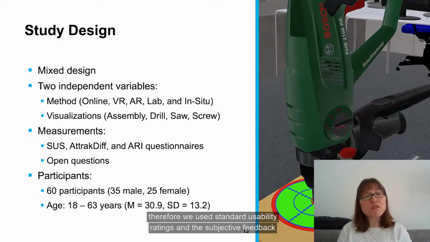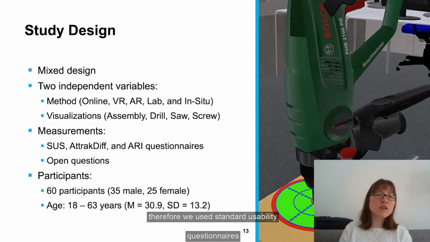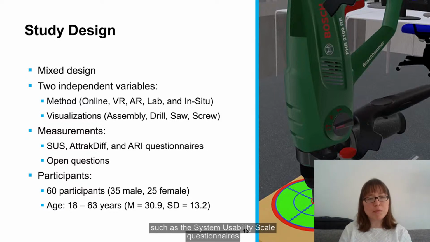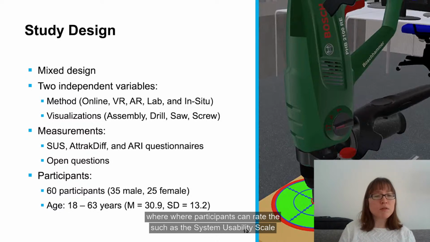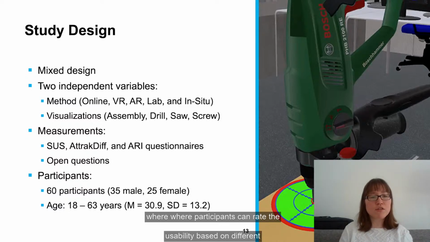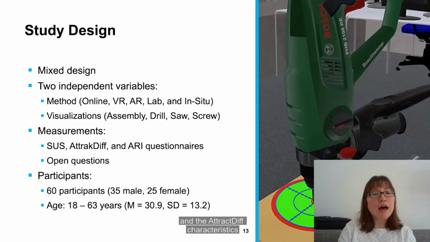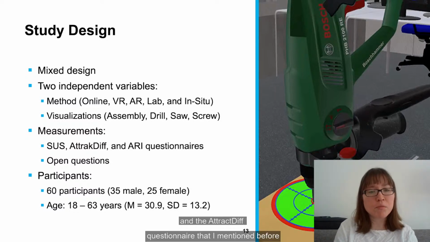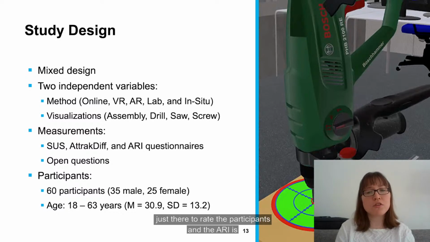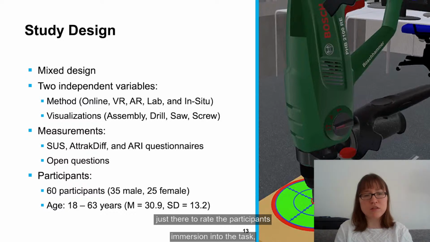Therefore, we used standard usability questionnaires, such as the System Usability Scale, where participants can rate the usability based on different characteristics, and the attractive questionnaire that I mentioned before, and the ARI is just there to rate the participants' immersion into the task.